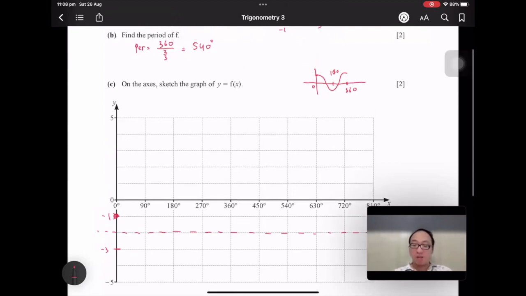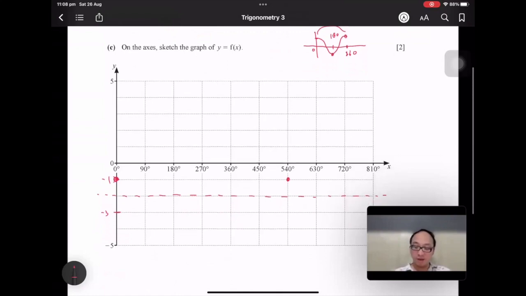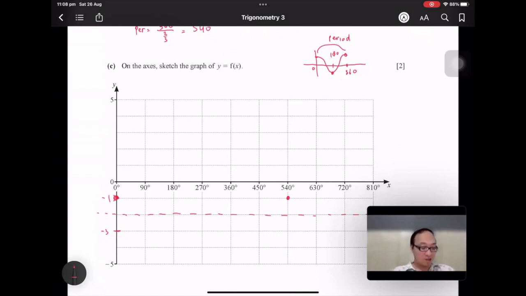And because the period now is 540, the next maximum will be at 540. And the minimum will be the midpoint, so 180 divided by b. B is 2/3, so 540 divided by 2 is 270. So this is the minimum.